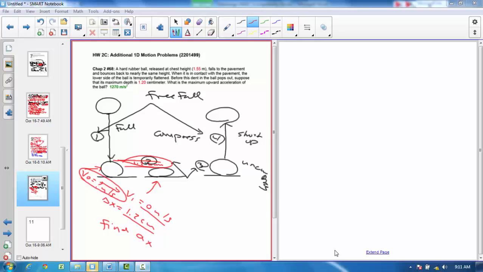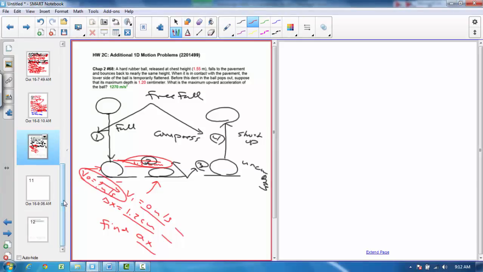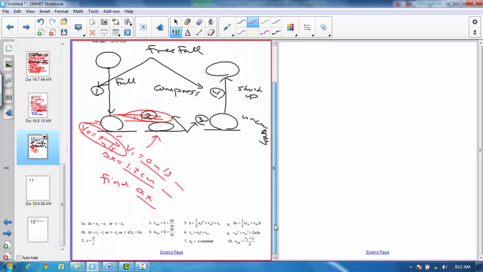And we're going to assume if we reverse that acceleration when it decompresses, it should be the same. So if I'm going to find ax and I have delta x, v1, and v0, which equation would I use out of my set of equations? Which equation would I use here?